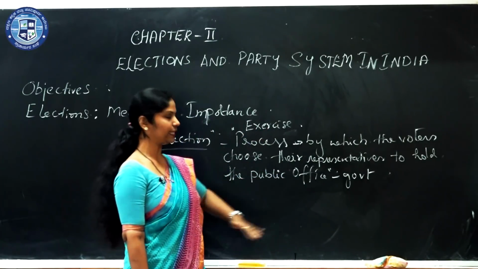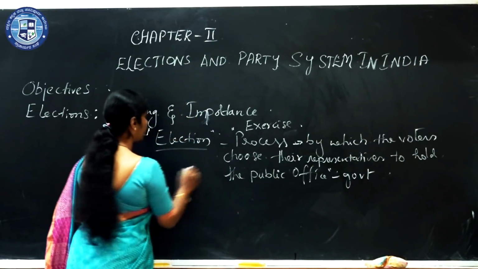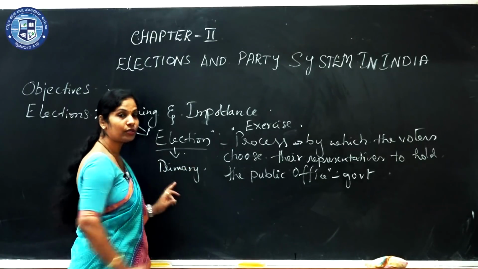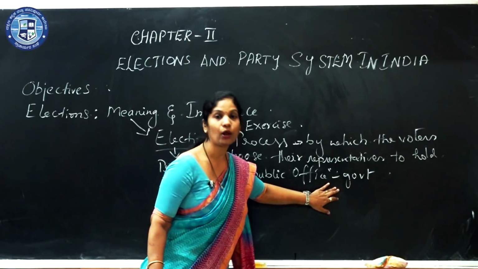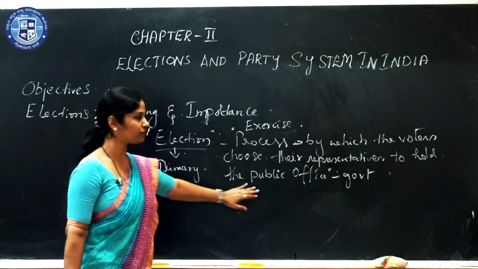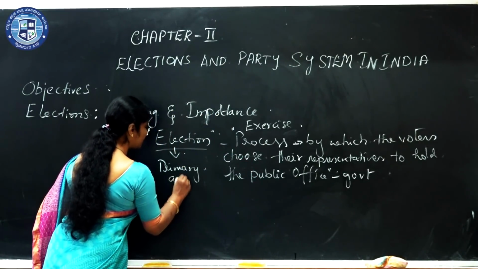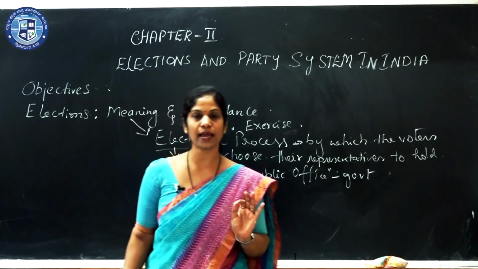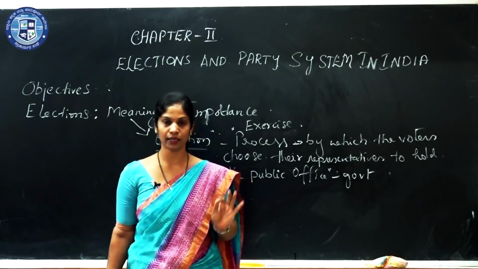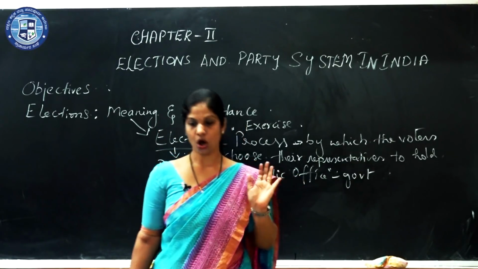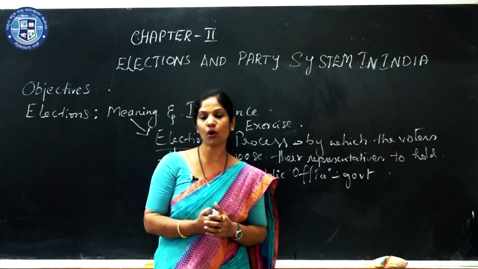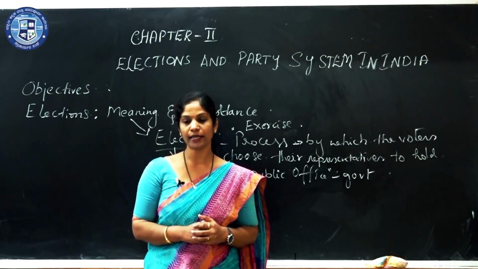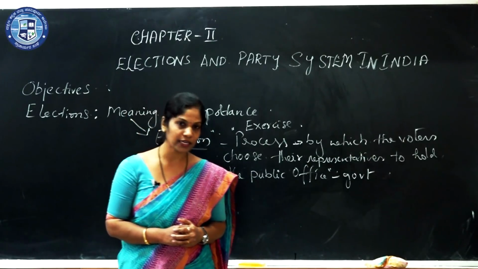In a democratic system, we consider election the primary activity, because without this activity, government cannot be formed. This is the basic activity through which the government is organized or formed. Elections enable the voters to participate in the political activities.